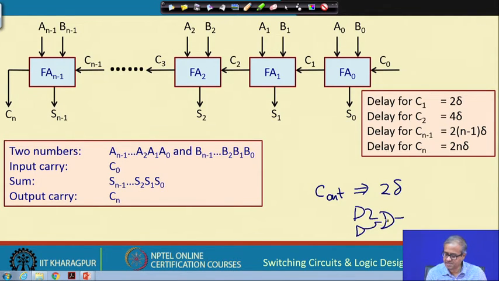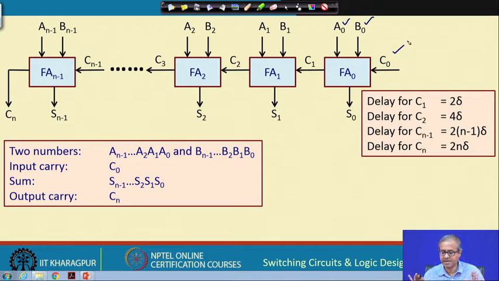There is two level circuit, delta plus delta. That is why, if you see here, suppose A0, B0 and C0 has been applied at time t equal to 0. So, when will C1 be generated, the carry out of this, after a time 2 delta.